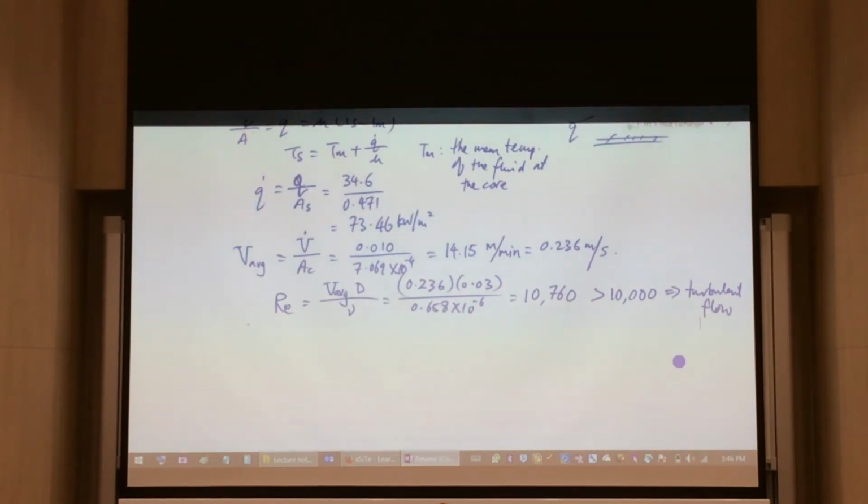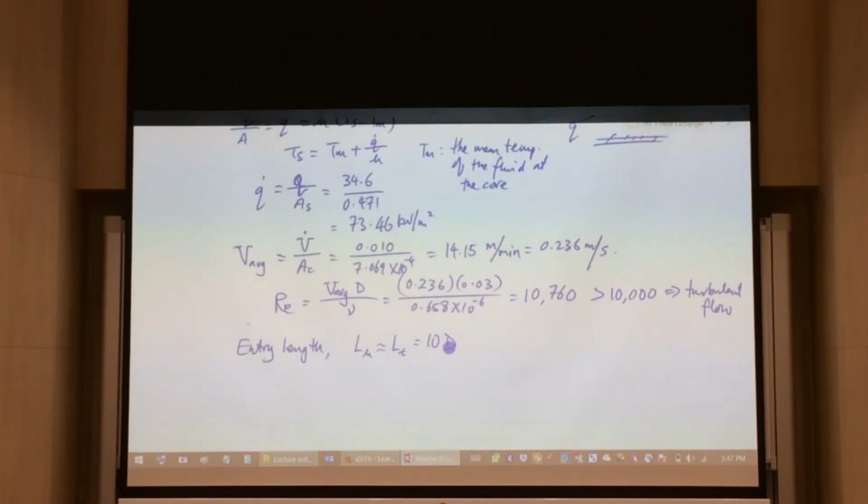The entry length to the tube is given by LH, which is a hydraulic length, equal to L sub T, that is about 10 of your diameter. So that is your hydraulic length for the entry side. And we want to make sure that it is going to be fully developed at your entrance of your flow. And how do we know that? We take that value as 10 times your diameter and then check that out.